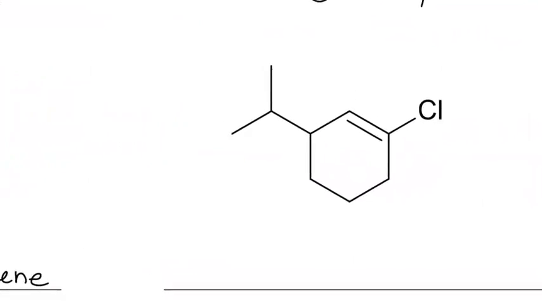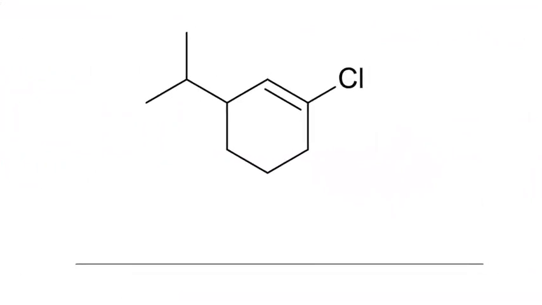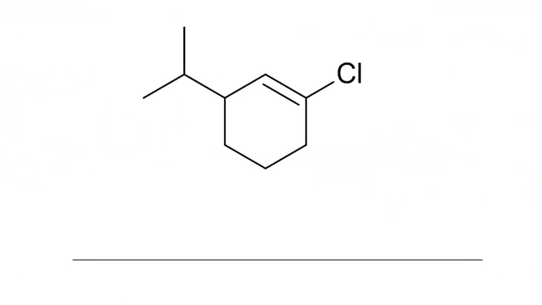Two substituents. What is the name of the parent cycloalkene? Yes, you're correct. Don't forget your cyclo, you guys. I like those hexenes, but we need to put cyclo before.